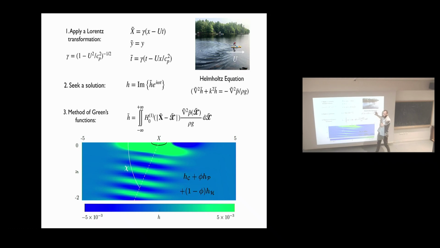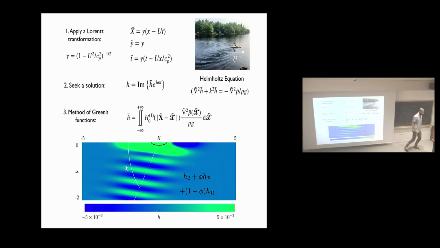If you know what pressure forcing you're applying, you can write down your solution just in terms of this integral. H01 is a Hankel function, like a complex Bessel function, and P we know. Everything else is analytic up until this point, and then you have to calculate that integral numerically, and it will tell you what the wave field looks like. For example, in the case of a moving, heaving, pitching canoe, this is what the wave field looks like, and this is your Mach angle that you calculate.